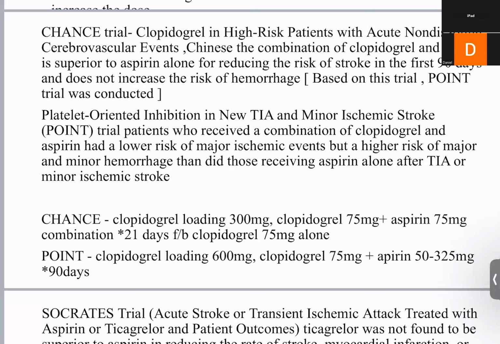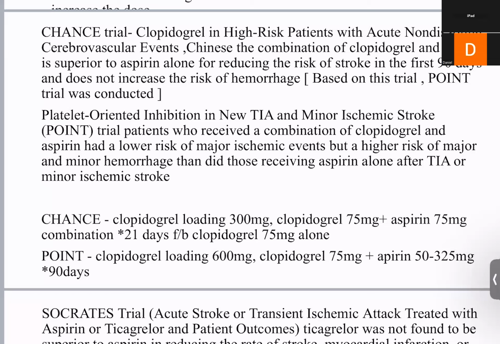They gave a loading dose of clopidogrel 300 mg, followed by dual antiplatelet agents, clopidogrel 75 mg and aspirin 75 mg for 21 days, followed by single antiplatelet therapy, that is clopidogrel 75 mg alone. They found it reduces the risk of stroke in the first 90 days, and the risk of hemorrhage is also not high when compared to using aspirin alone.